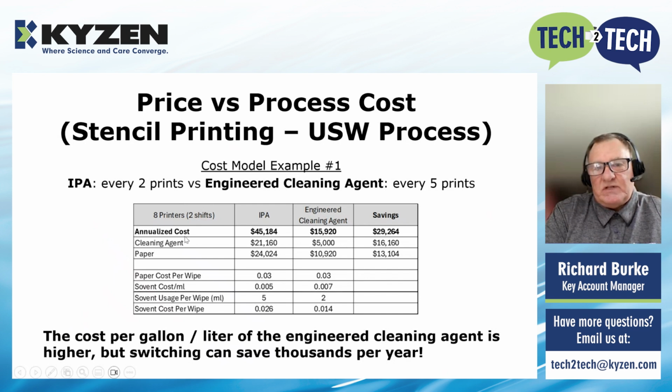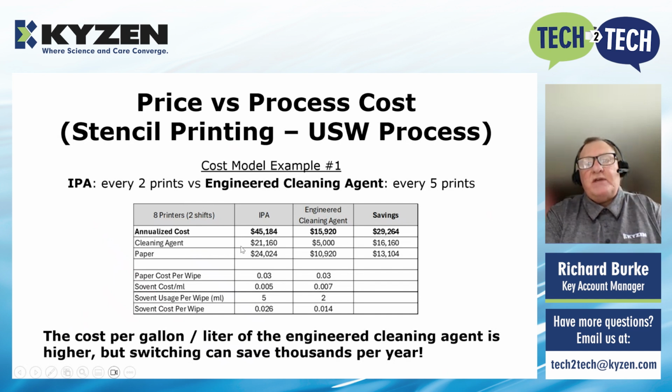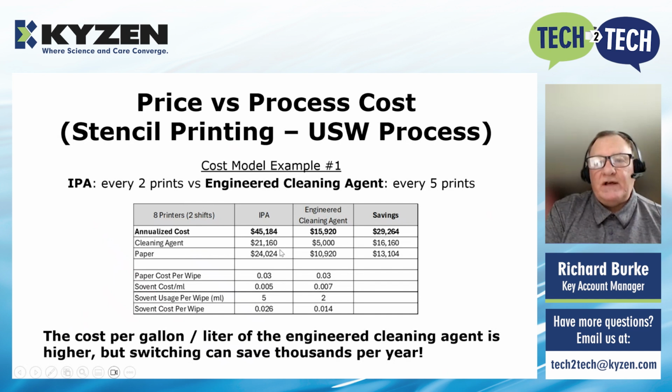And you can see specifically what's driving that. We have a cleaning agent cost of IPA annually around $21,000, as compared to the engineered solvent annual consumption cost of $5,000, so a $16,000 savings.